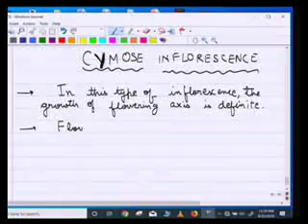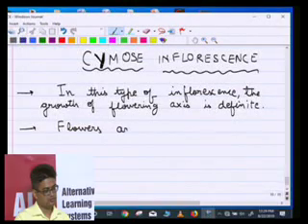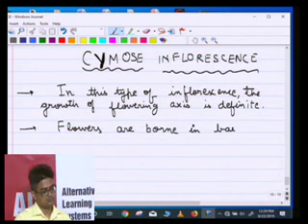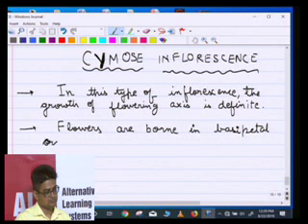Flowers are born in basipetal order. This is the basipetal order.